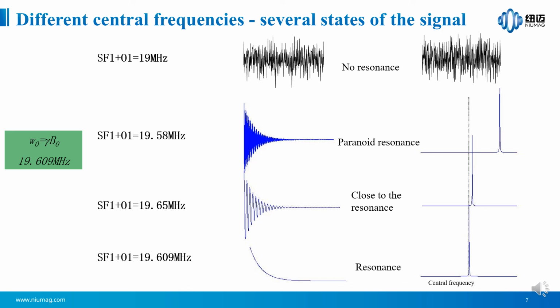No NMR phenomenon occurs in the sample at this time. Only noise is detected, and no signal is detected. There is only noise after the Fourier transform.